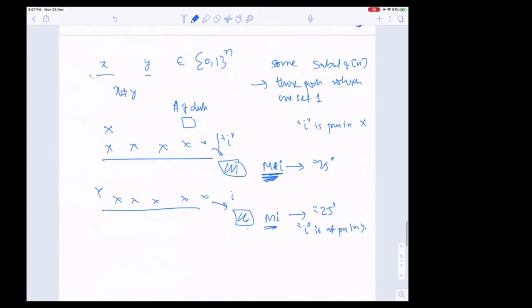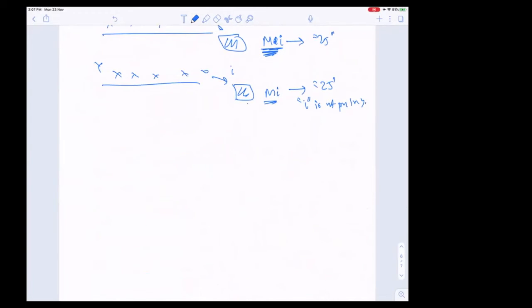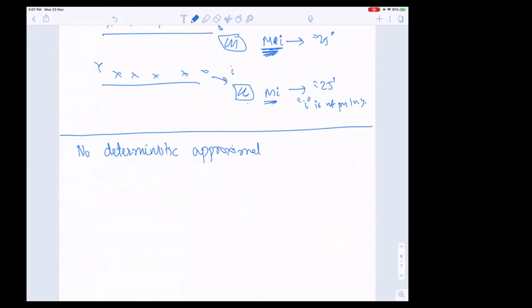Now I would like to go ahead and say that there is no deterministic approximation. Suppose I'm happy with a 1.1 approximation.